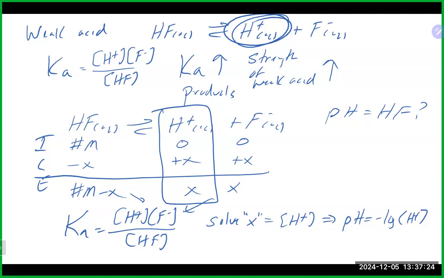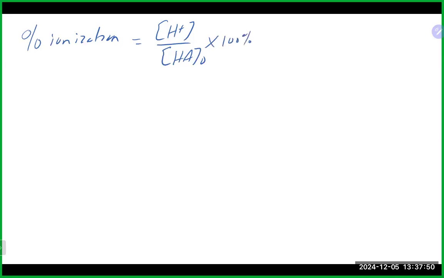Remember that when we're doing these types of problems, we also talked about percent ionization. And if you did make that assumption, again, you would need to check it. A reminder that the percent ionization of an acid or a base is the check that we do to make sure it's okay. It is the concentration of H plus divided by the initial concentration of your acid times 100%. And that is the way that we check our assumption.